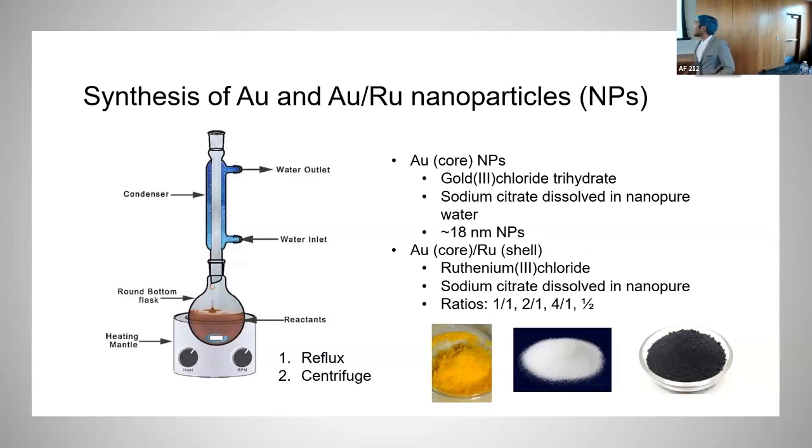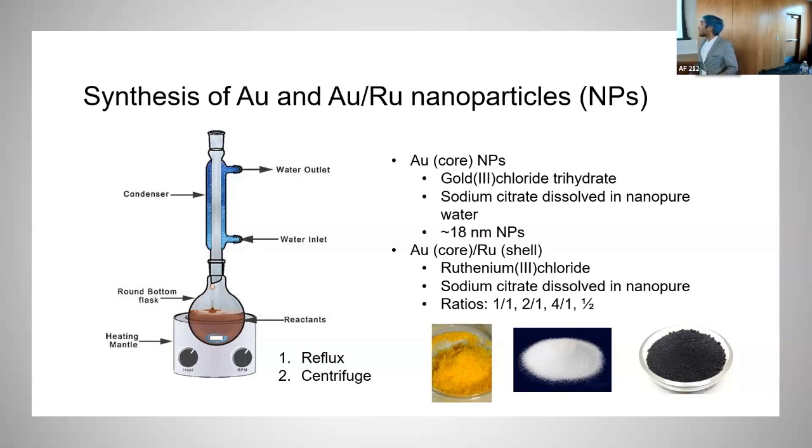So in order to synthesize my gold and gold ruthenium nanoparticles, I utilize gold 3-chloride trihydrate, which is a hydrate compound, as well as sodium citrate, which is acting as a reducing agent. And this allows us to essentially control the size of our nanoparticles over time.